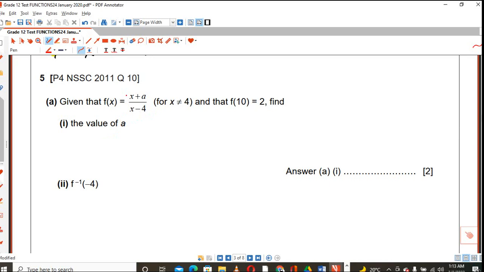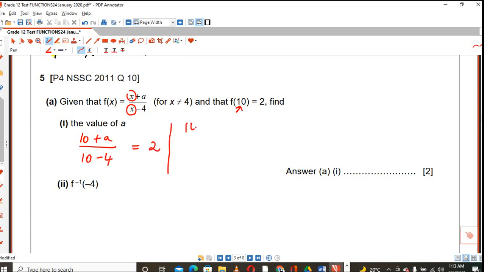So they are saying f of 10. Everywhere we have an x here and an x here, we're going to substitute it with 10. And we're going to let the whole function equal 2. So that means 10 plus a over 10 minus 4 should equal 2.